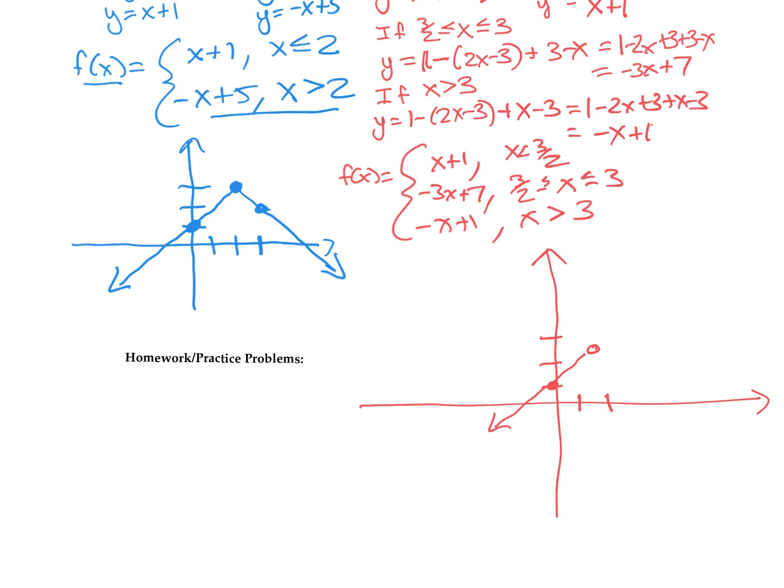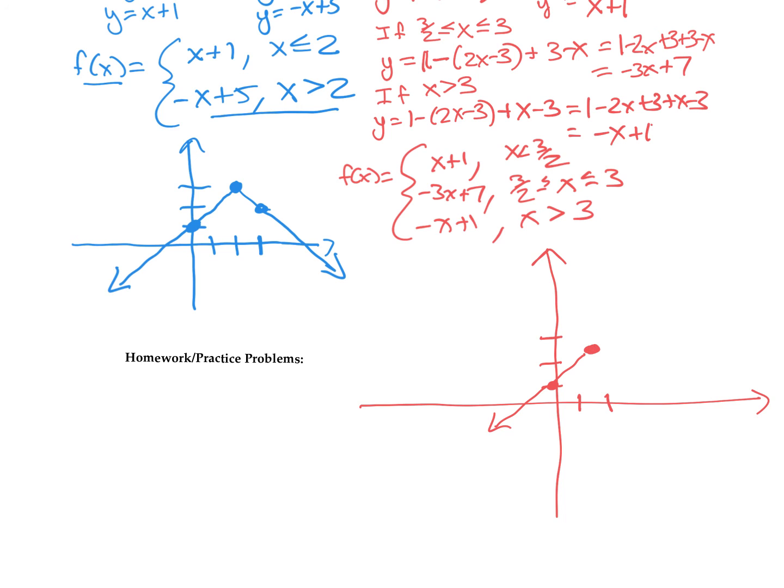Now let's put 3/2 into negative 3x plus 7, because that will be the leftmost piece of this particular piece. When I do that, I get negative 9/2, or negative 4.5, plus 7, which gives me 2.5, which is exactly what was the open circle before.